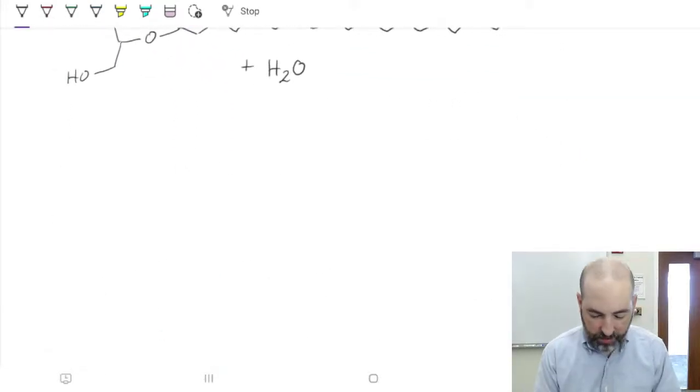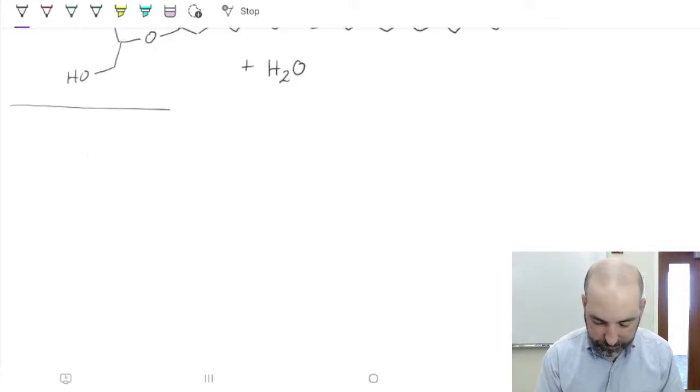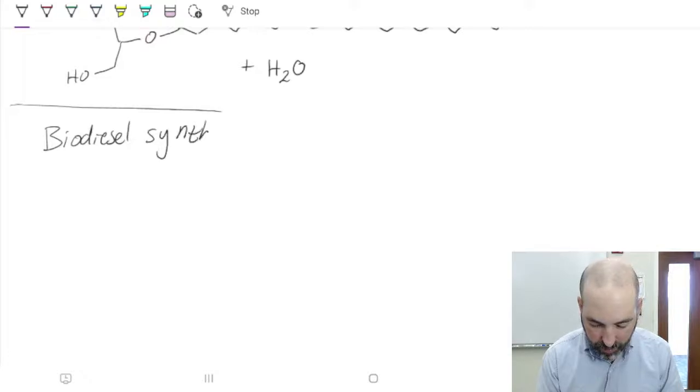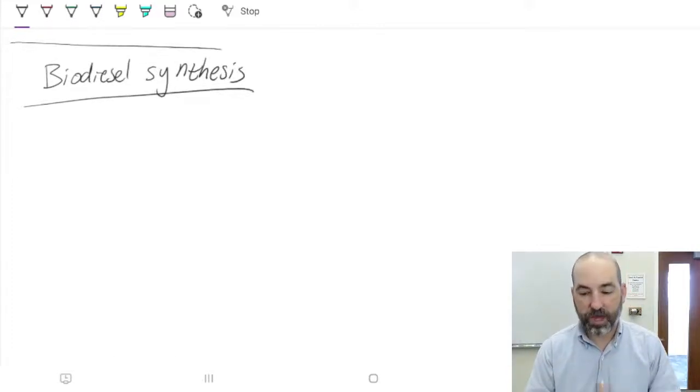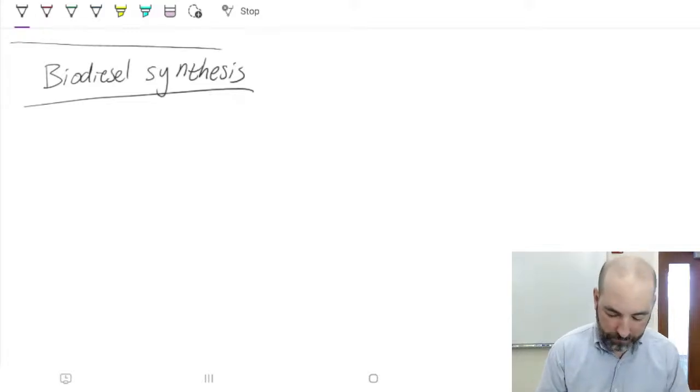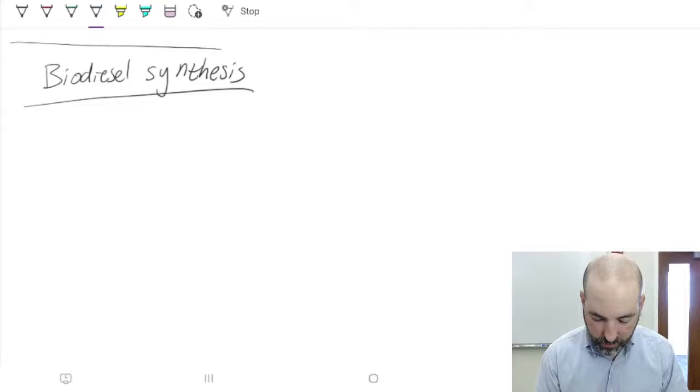Okay, so we've got our triglyceride that we're going to start with, and then we're going to do this reaction and make biodiesel out of it. Okay, so here's our initial biodiesel molecule.